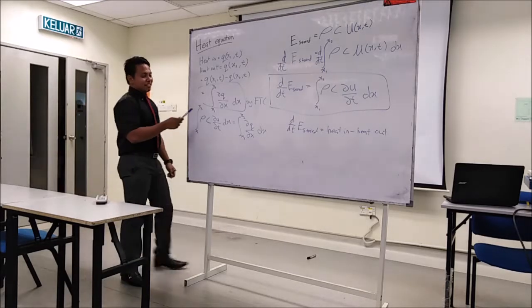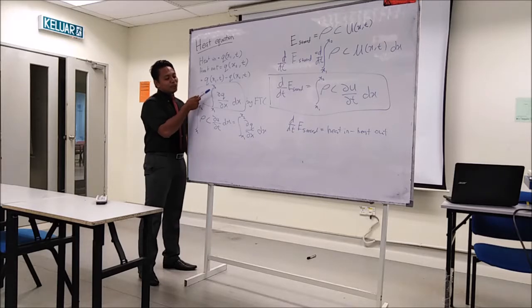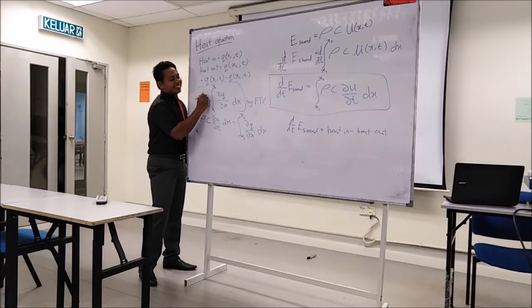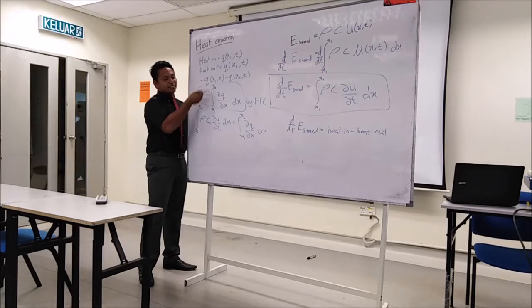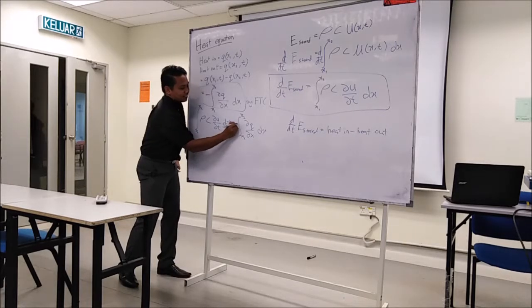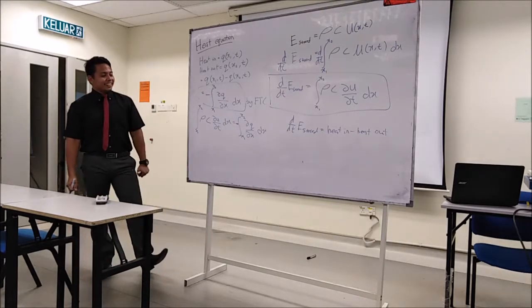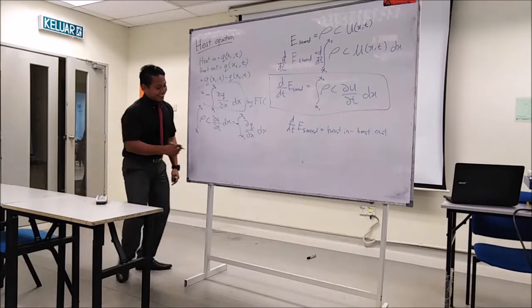Now if we do the integration, it will be 2 minus 1, right? This is 1 minus 2. So what can we do? Add a negative. Understand? If you add a negative, then we can transpose. So we need a negative here. Understand again? Alright.